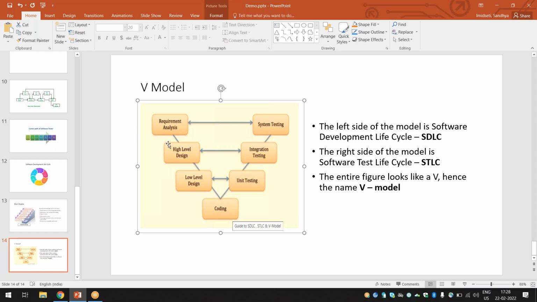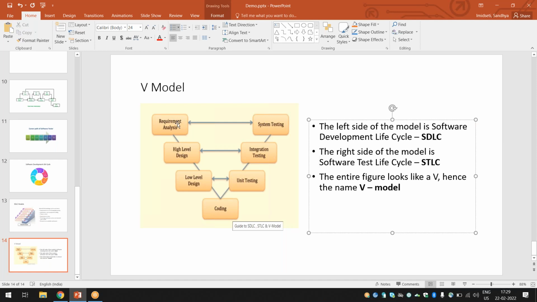So the earlier we detect the defect, the earlier we detect the issue, the cost of fixing the defect or issue will be reduced. The impact on the application will also be reduced. And the client also will be very happy with our observation, and he will also get sufficient confidence in us. So that is the main purpose of the V model when compared to the waterfall model.